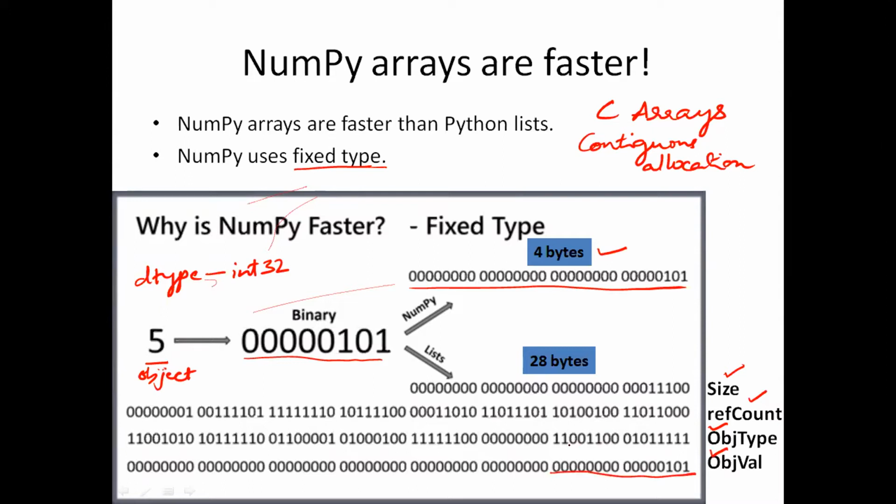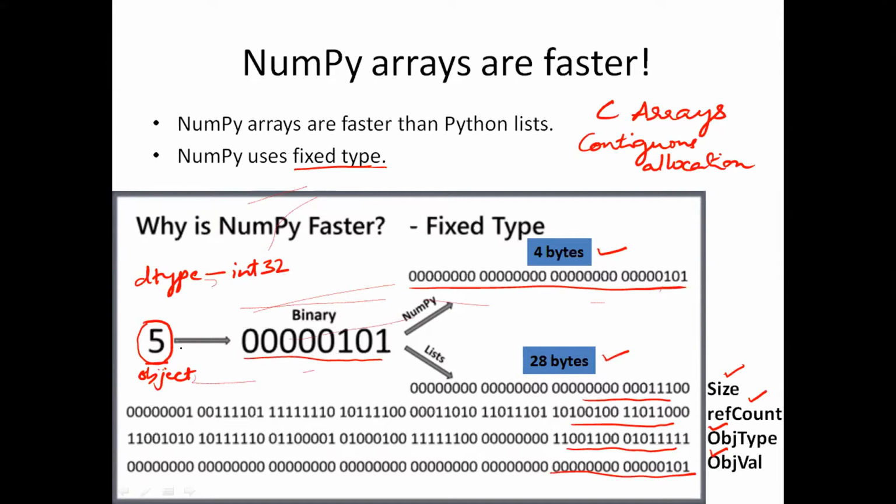Then object type is another 8 bytes, reference count is another 8 bytes, and the size, assuming int32, will be 4 bytes. So effectively 28 bytes are required to represent 5 as an object in a Python list, whereas you just require 4 bytes.